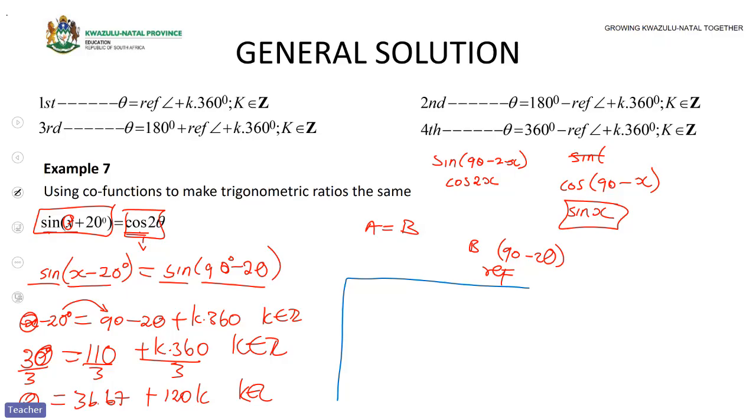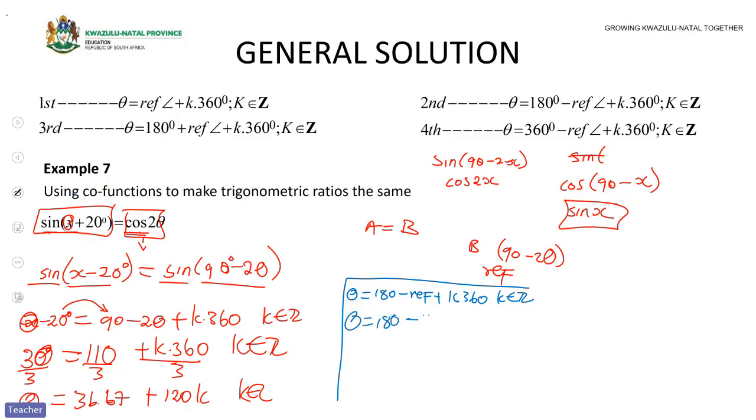So in the second quadrant, we know that theta equals 180 minus the reference angle plus k times 360, where k is an element of all integers. So theta equals 180. What is our reference angle?